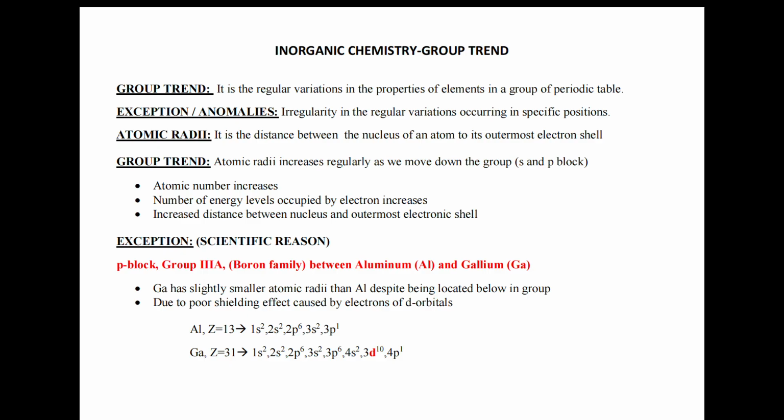Here the d orbital is also involved. These d orbitals have electrons and these electrons cause the poor shielding effect. Eventually, because of this poor shielding effect, the atomic radius of gallium becomes smaller than the atomic radius of aluminium.